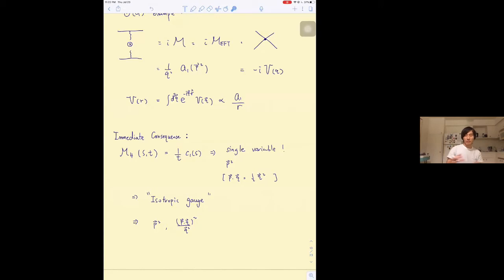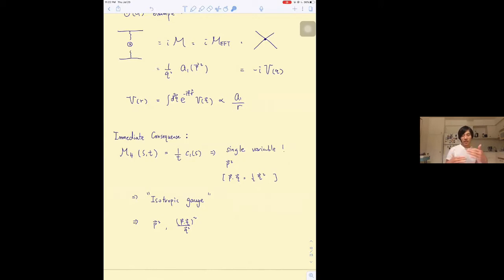From the 3-dimensional point of view, because we want the classical action, this only depends on P squared. Naively you would say, okay, you have the center of mass momentum P, you have the momentum transfer Q, and you could have another parameter P dot Q. But for the on-shell condition, P dot Q is literally the same order as Q squared.